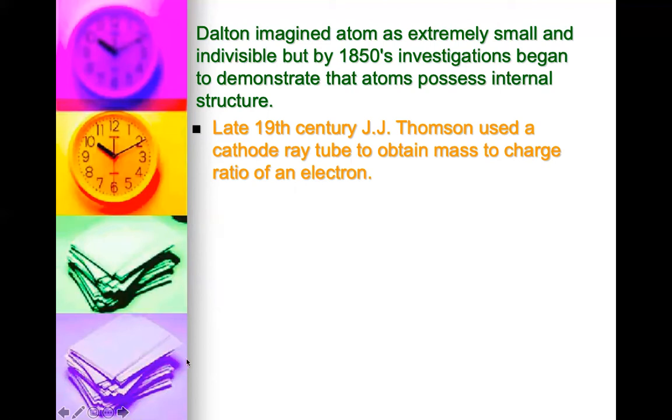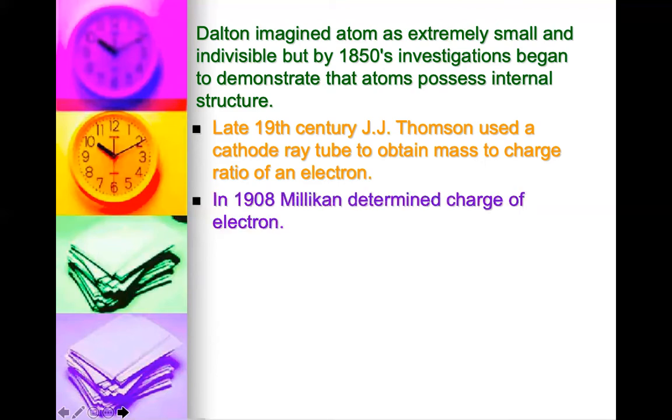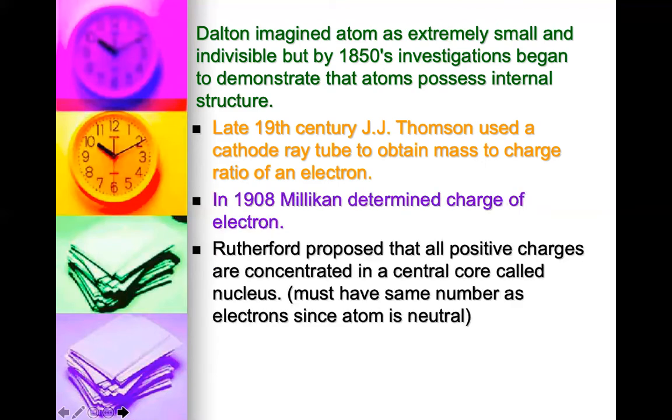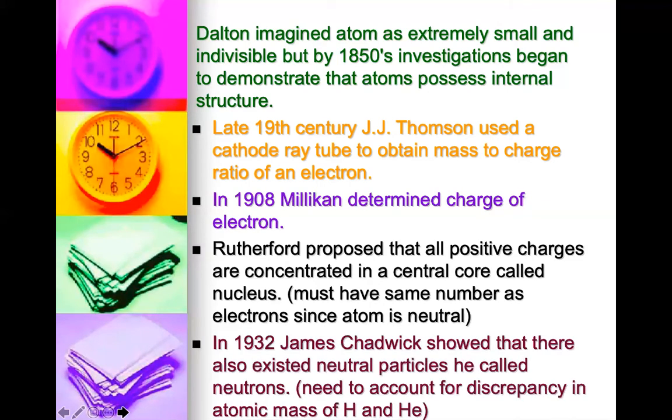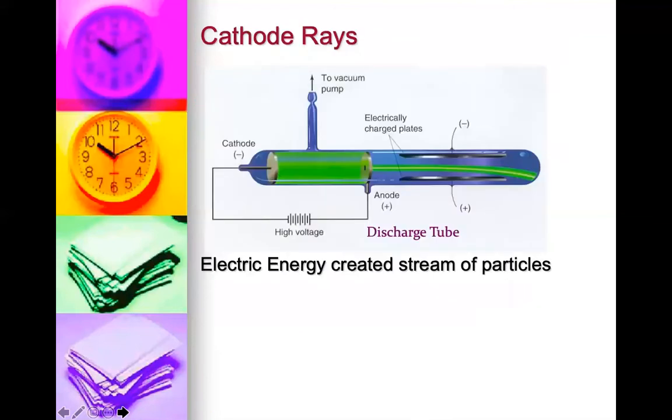So J.J. Thomson has done an experiment by using what we call a cathode ray tube. After that, Rutherford comes in with an improved version of the atom structure. So let us focus on J.J. Thomson and Rutherford.